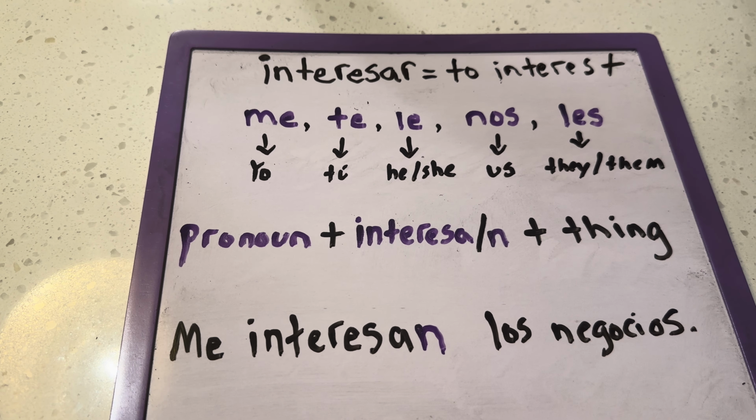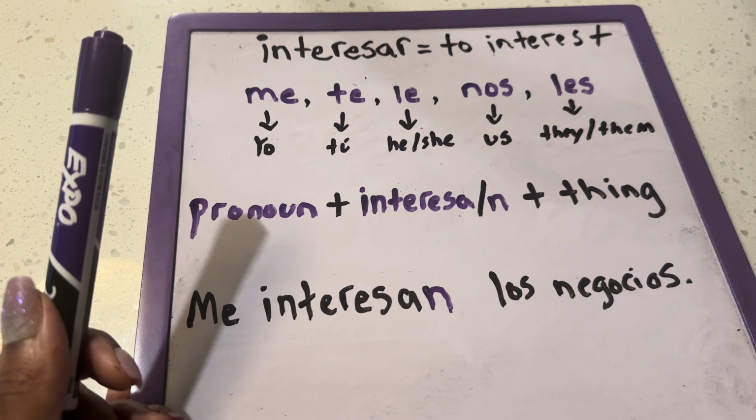All right. So this is a sentence that says, okay, I'm interested in businesses. Like, let's say you want to invest in Amazon, you want to invest in Walmart, you want to invest in Publix, any business out there, those are called los negocios, the businesses. So if you want to say you're interested in businesses, okay, me interesan los negocios.